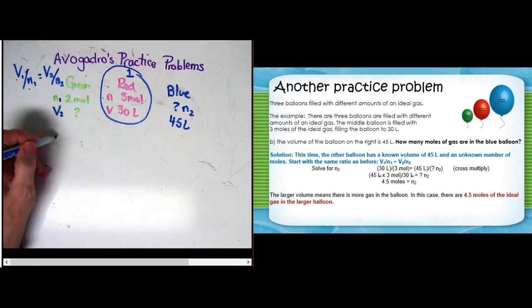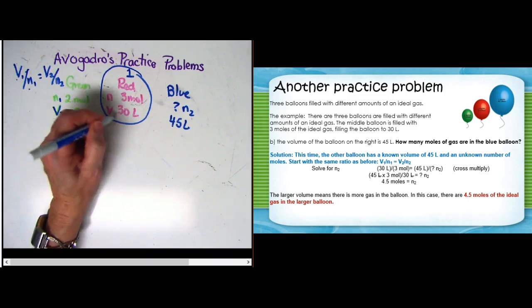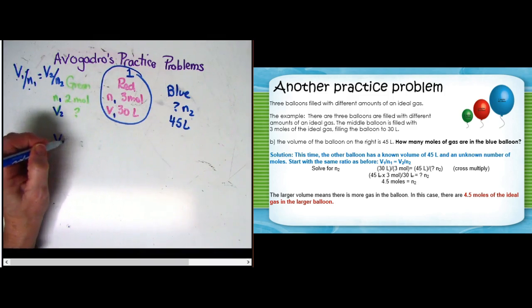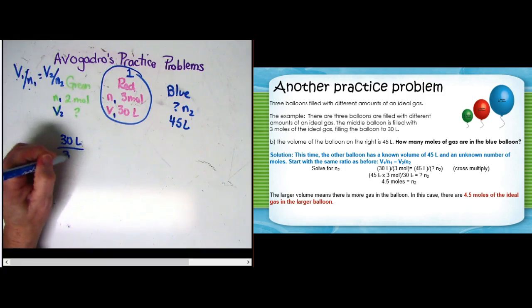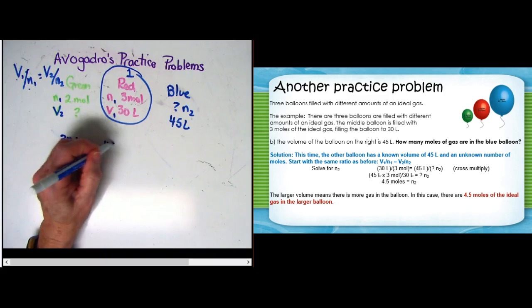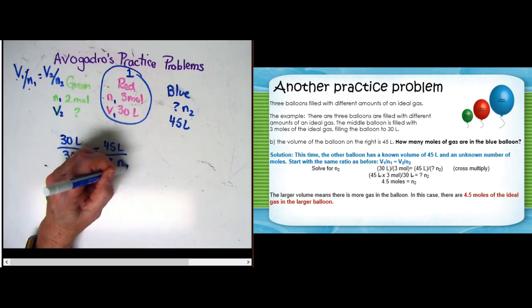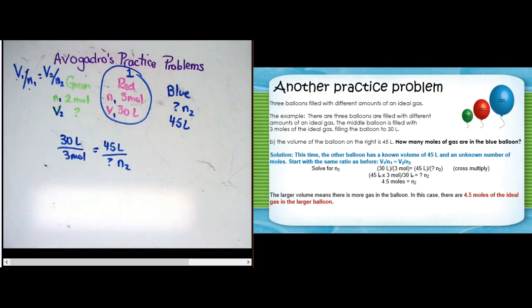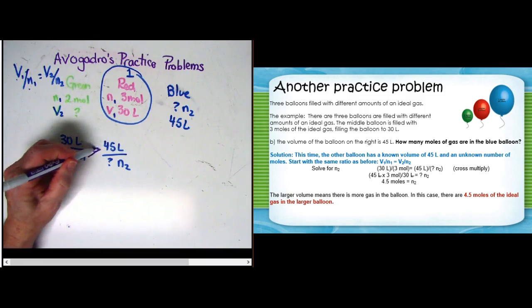We're going to say red is V1, here's N1: 30 liters divided by 3 moles is equal to 45 liters and question mark N2. Again, you are more than welcome to rearrange this using algebra. I'm not a fan of having to do that, so I'm going to cross multiply.